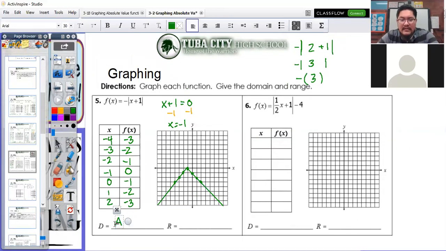So again, unless you see anything really out of the ordinary, I'm pretty sure all of these are just going to be all reals. And again, the range, we got to do a little bit of thinking about it. And in this case here, we want Y values that are less than 0, right? Because I can't pick anything greater than 0. Like if I pick positive 1, that would be greater than 0, but I can't pick it.